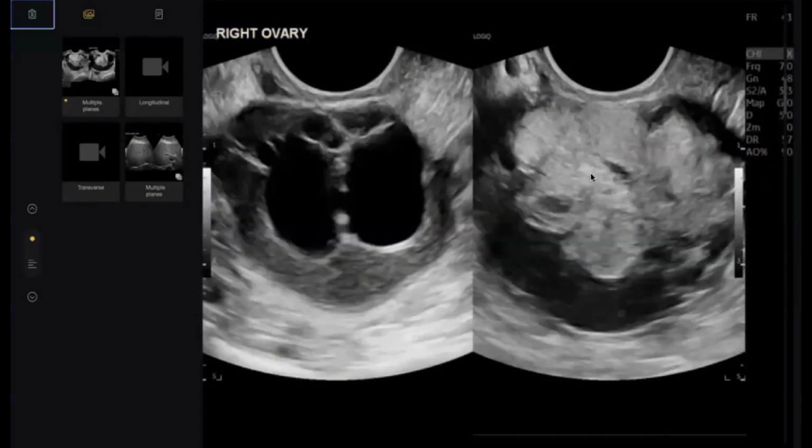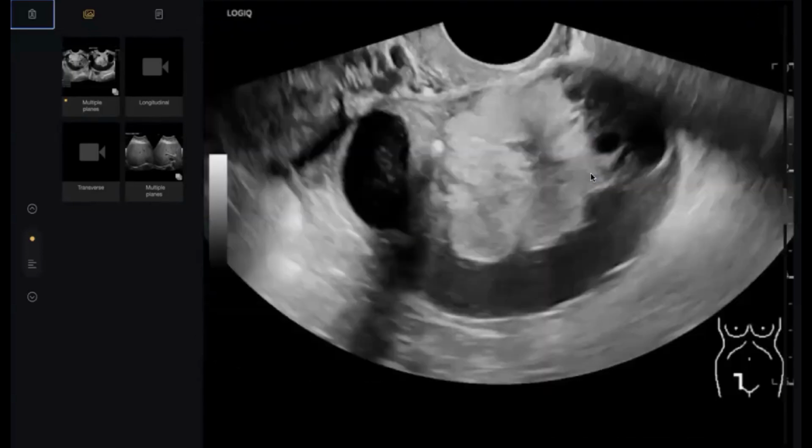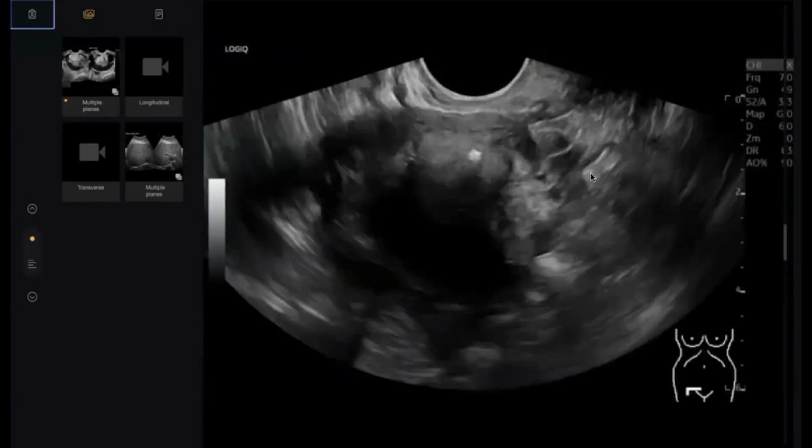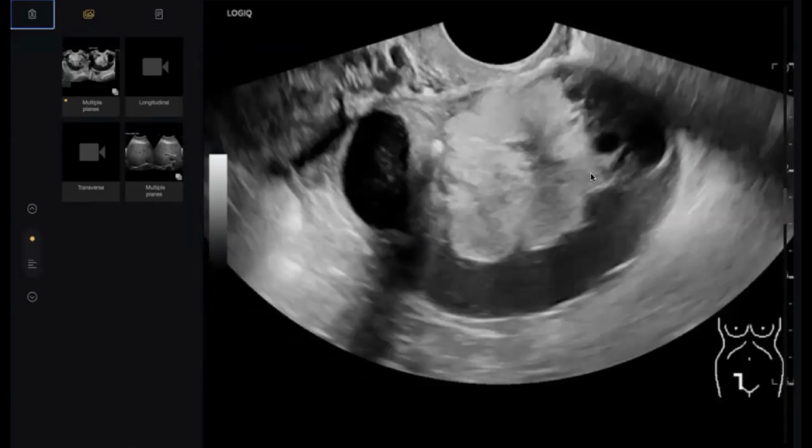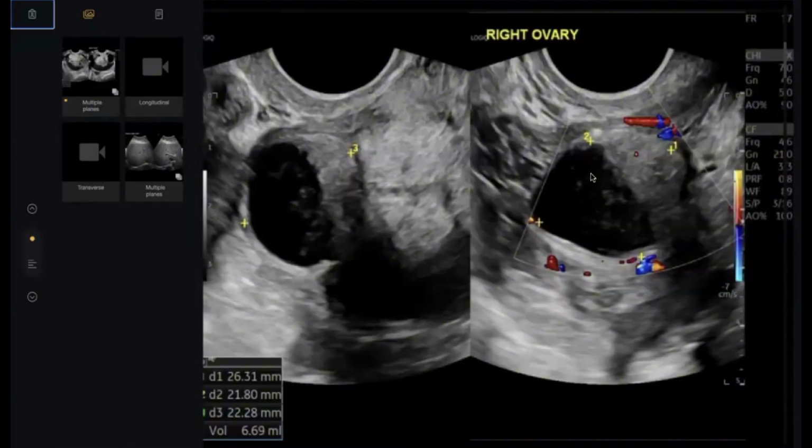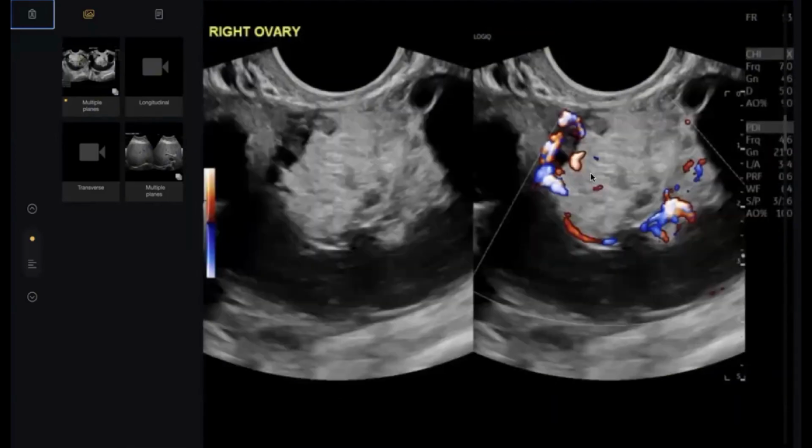There is a classification system in the ovary called O-RADS, like thyroid. If you wanted to give a degree, an O-RADS score from 1 to 5, which one will you give for this lesion? 2, 3, 4, 5 for malignant lesions.